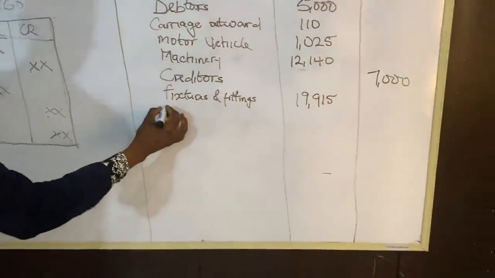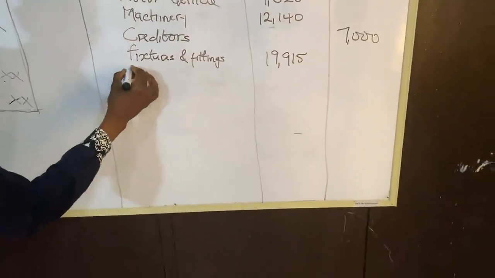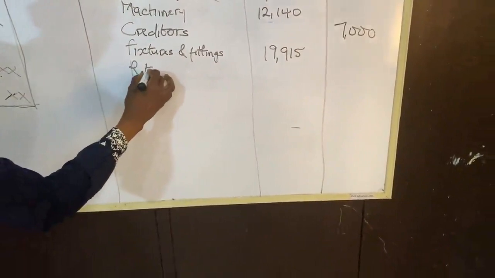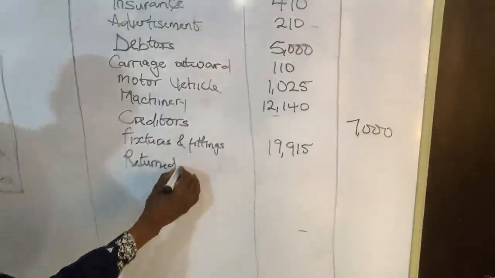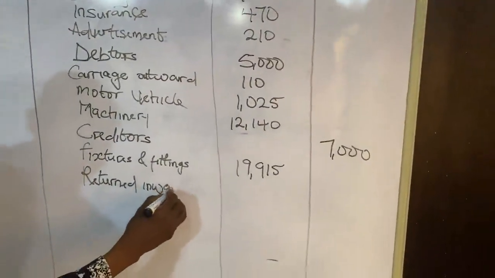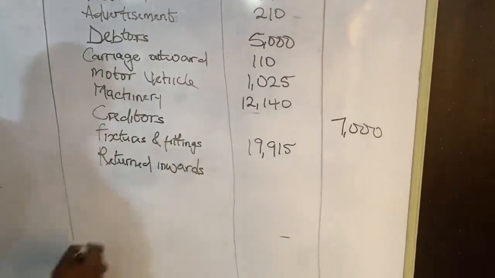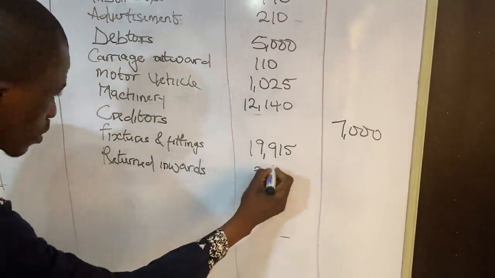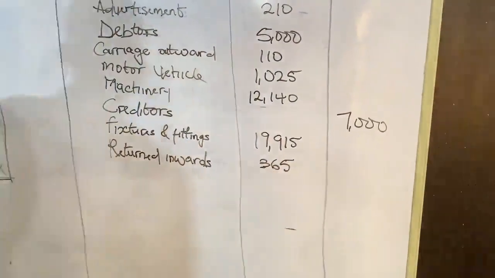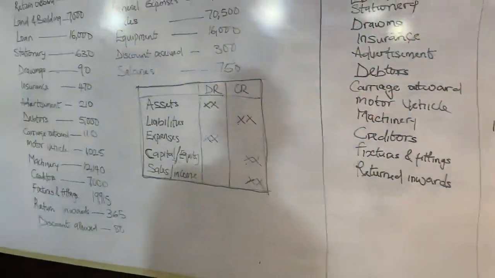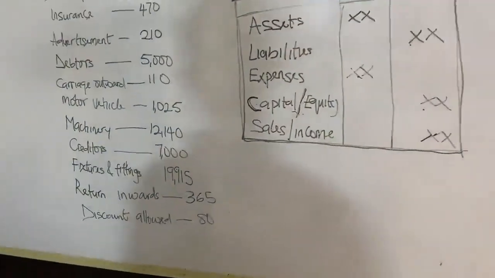So it will be at the debit side also. Return inward, 365. So the goods that were returned back to you.